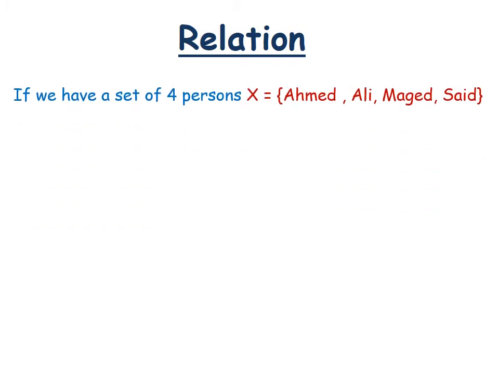We will explain relation through the following example. If we have a set of 4 persons, this set called X, and this set contained Ahmed, Ali, Majid, and Said.